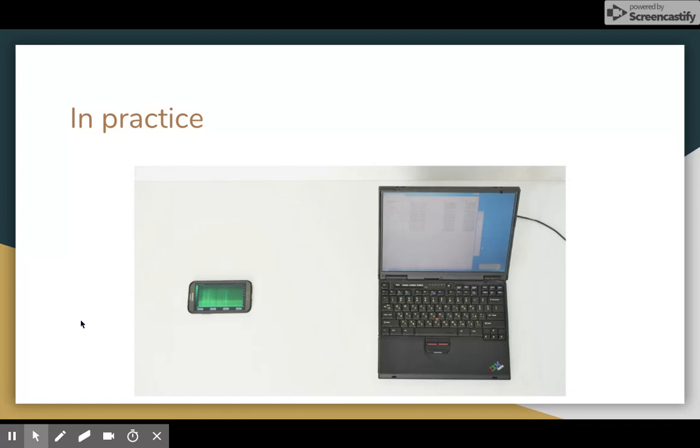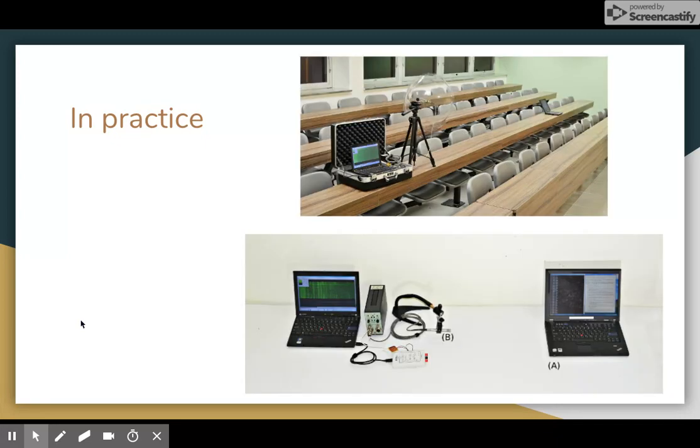All you have to do is put your unsuspecting phone on the table and have it record a decryption, and so you're able to extract that key and decrypt any private messages. The researchers were also able to achieve a range of 1 meter with equipment seen on the bottom image and 4 meters with the equipment seen on the top image, which is super great and not so subtle.